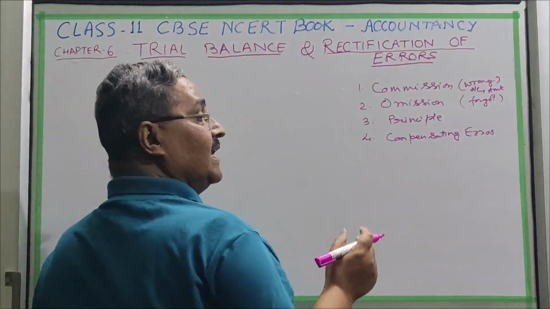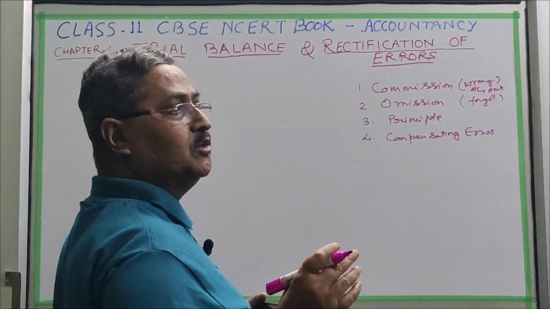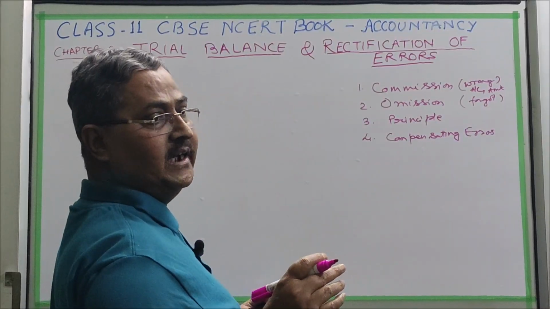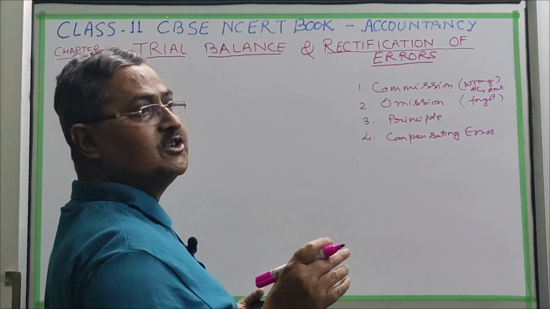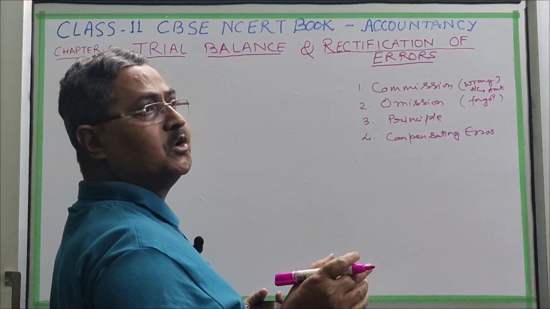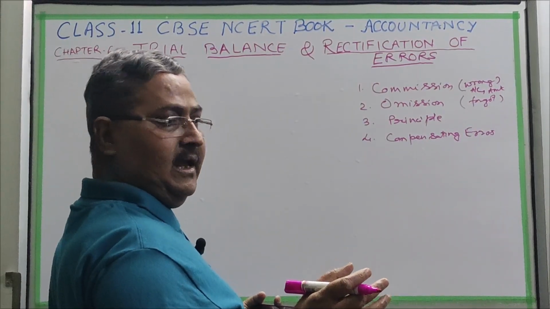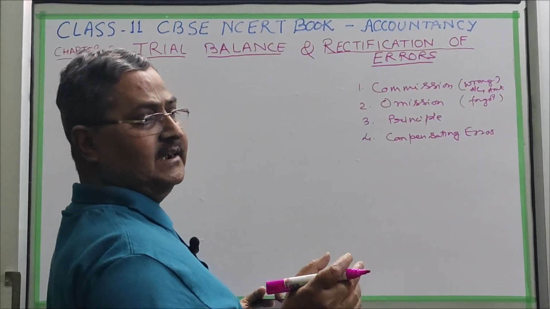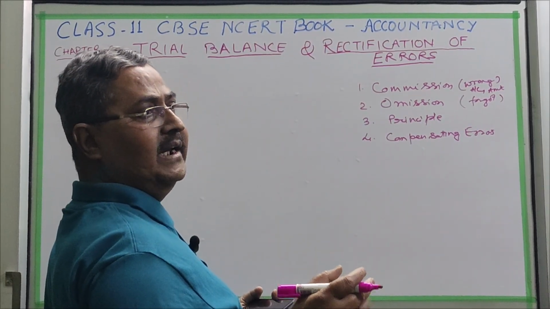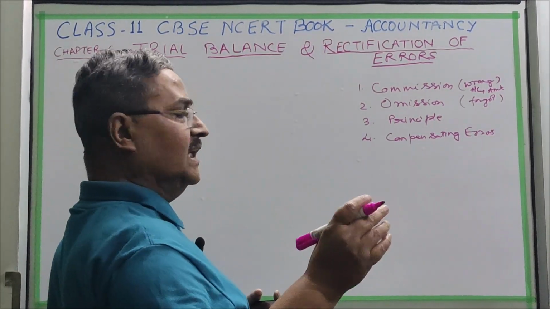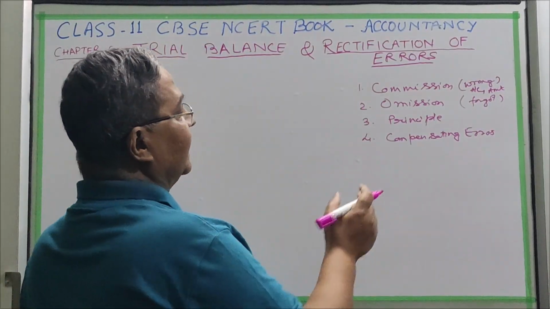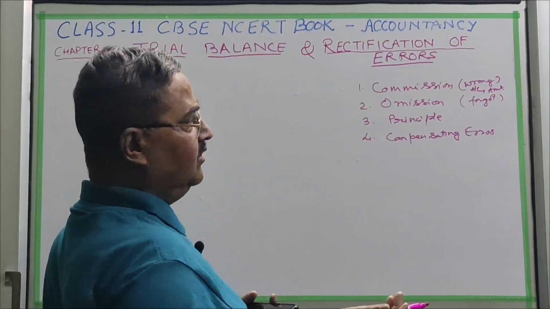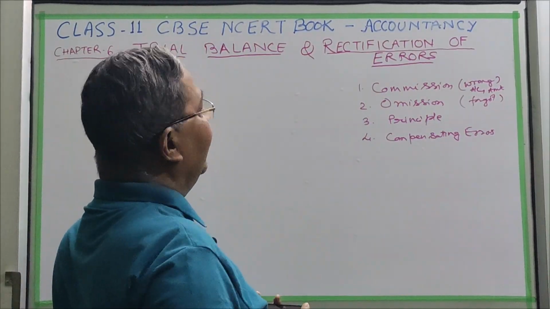Principle means as per accounting rules, some standard principles are there. If those principles are not adhered to, like installation of a machine being debited to labor charges, electricity charges, installation charges account, whereas these should go to the machinery account itself. Compensating errors means instead of debiting Ram's account, you have debited Shyam's account. So these types of errors occur.